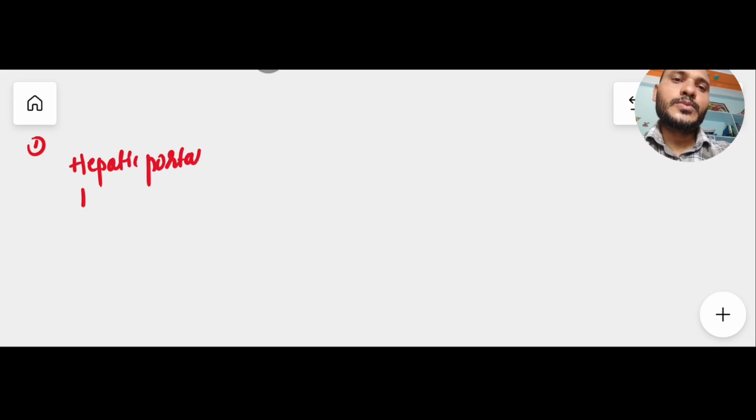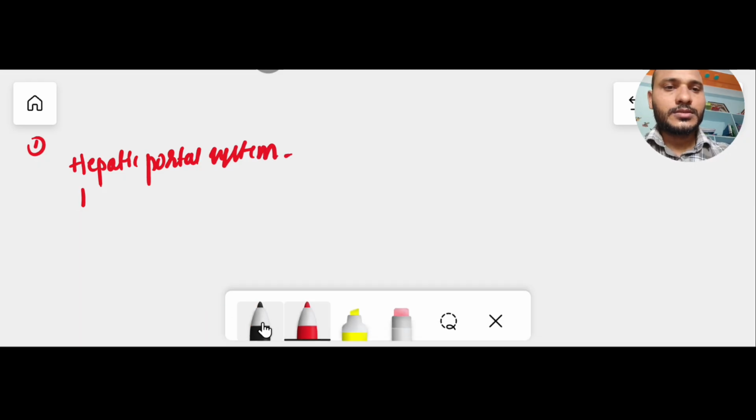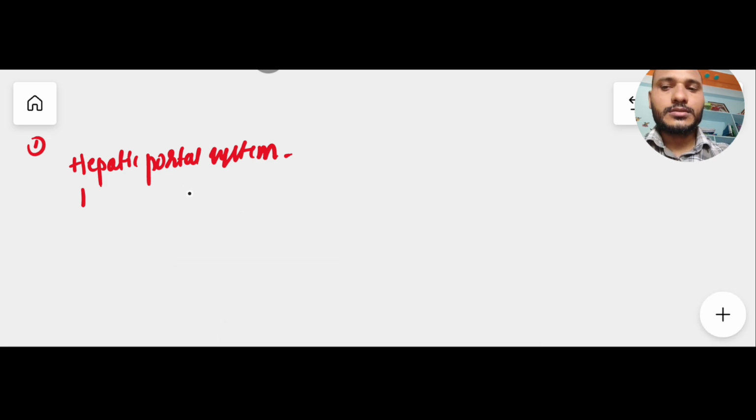First, the first type is called the hepatic portal system. Generally this hepatic portal system contains the hepatic portal vein.